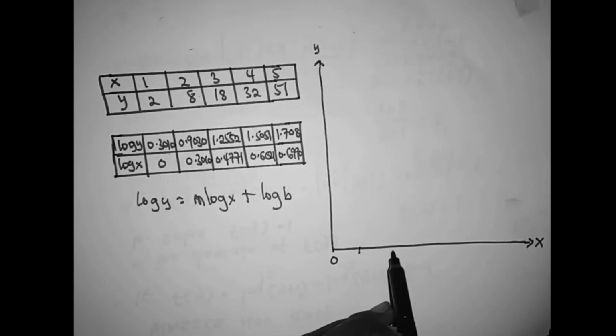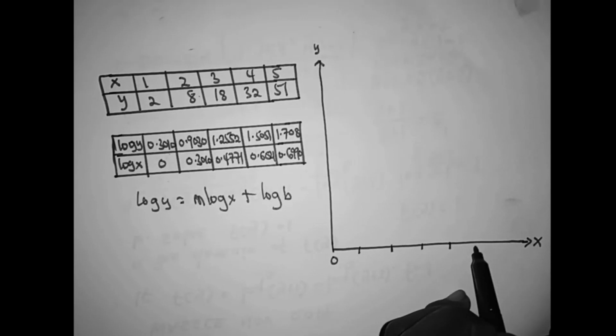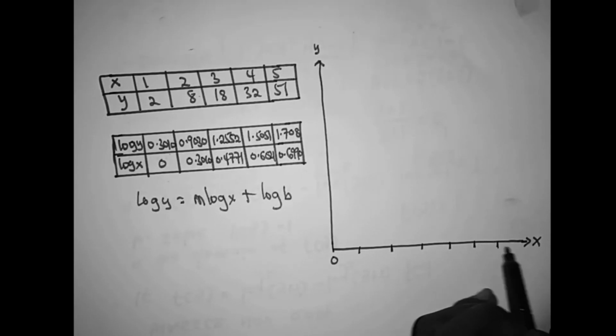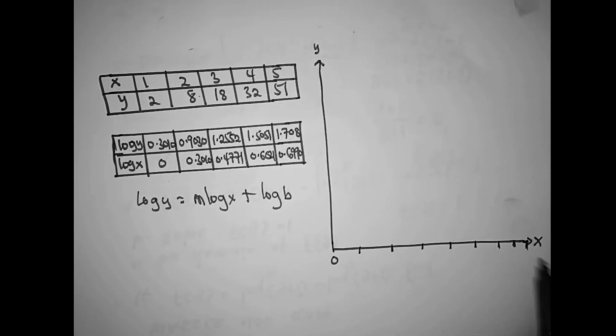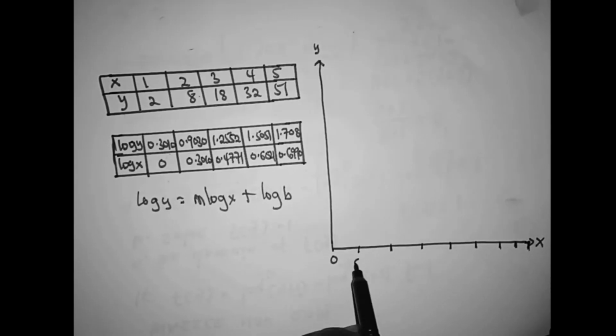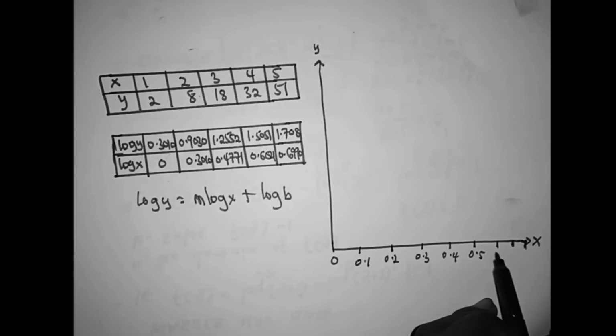So 1, 2, 3, 4, 5, 6, 7, 8. The x-axis has 10 units, but for convenience sake, we are doing it at 8. So this will be 0.1, 0.2, 0.3, 0.4, 0.5, 0.6, 0.7, and 0.8.